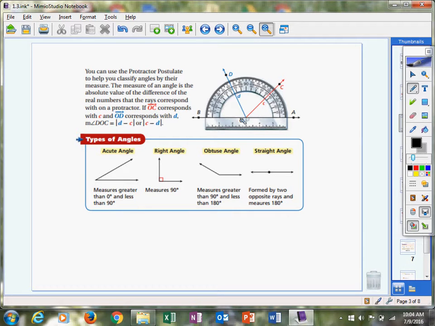Now, if your bottom ray for your angle starts at O and goes out towards the left, then you're going to use the top row.